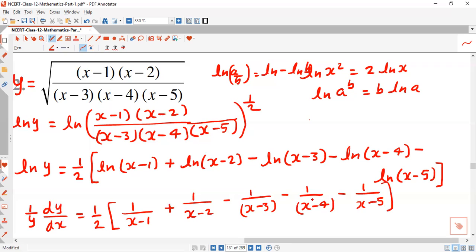Bracket closed. So dy by dx can be written as half y times this.